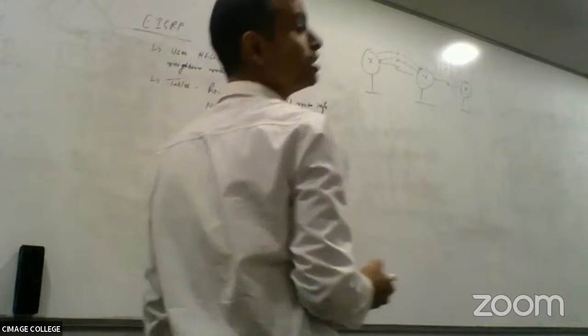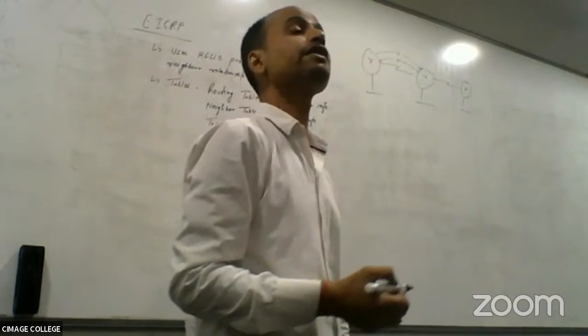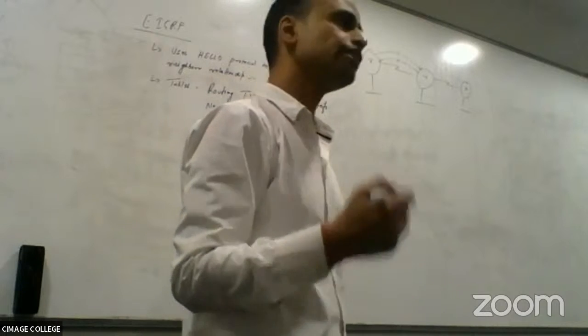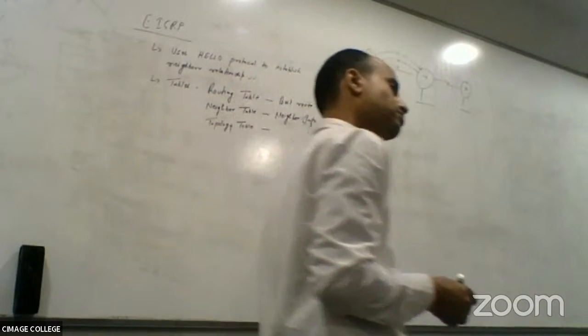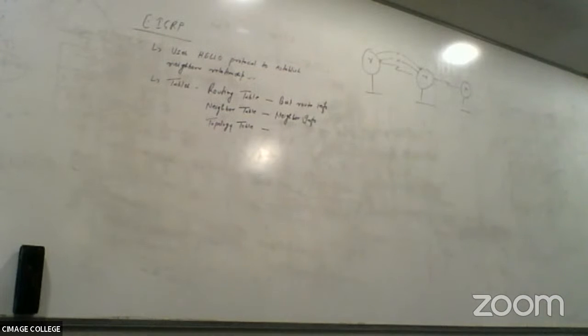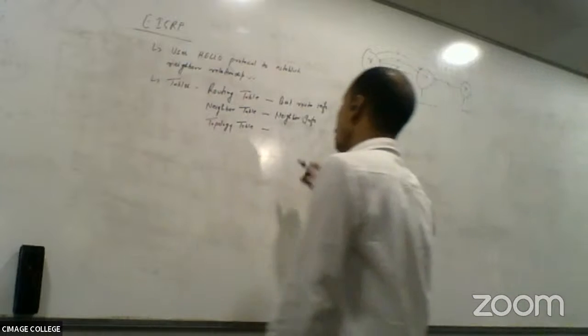And in the topology table, it keeps information about all routes. It doesn't matter whether that route is best, second best, third best, or worst. In the topology table, it keeps information about all routes.